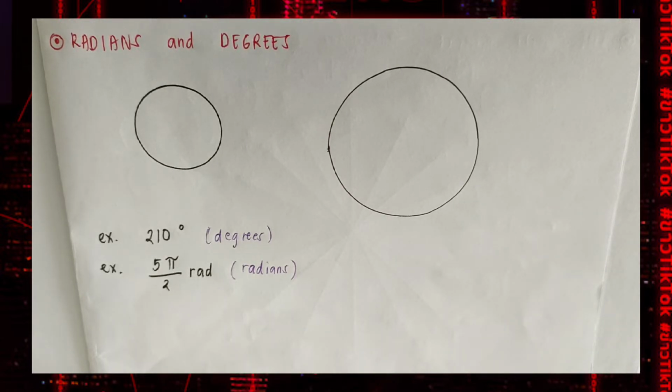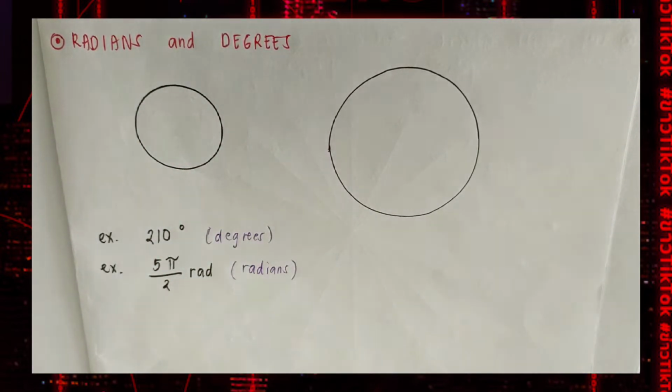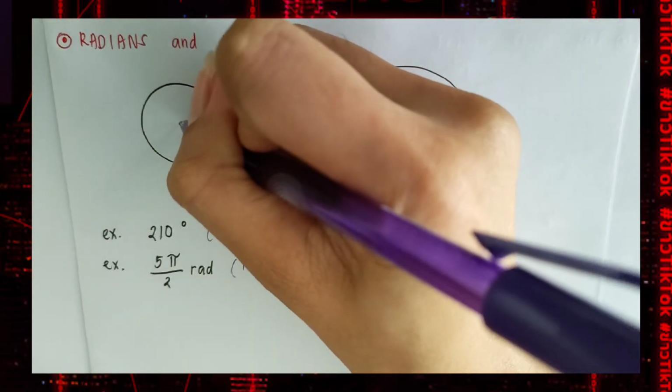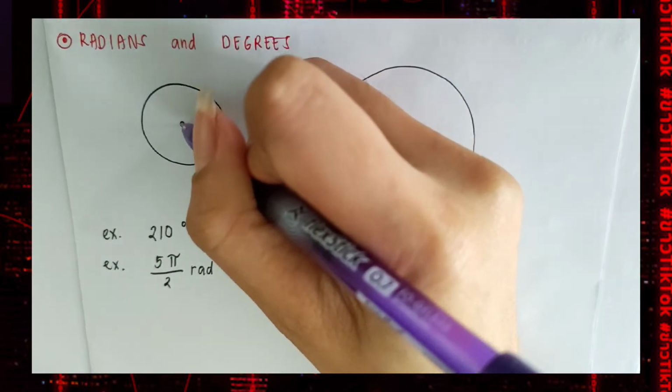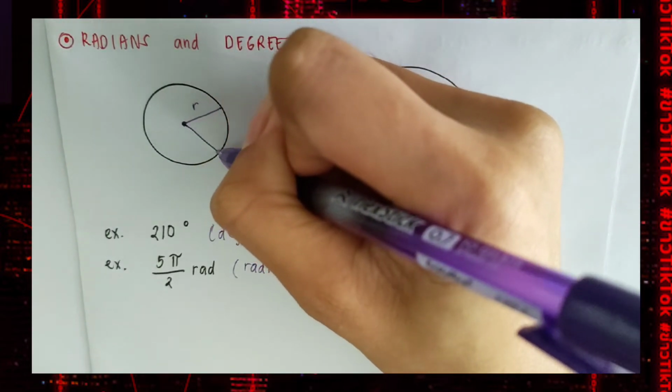So what is a radian? Mathematically speaking, the definition is that if you have a circle with radius r, so this is your center, and you have here your radius r, and then another radius r here.